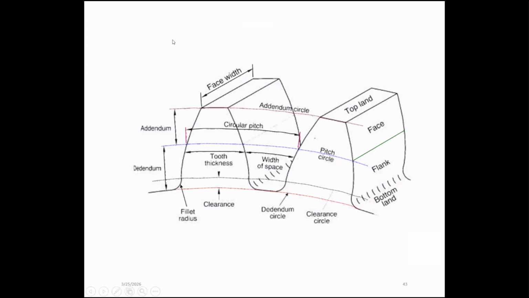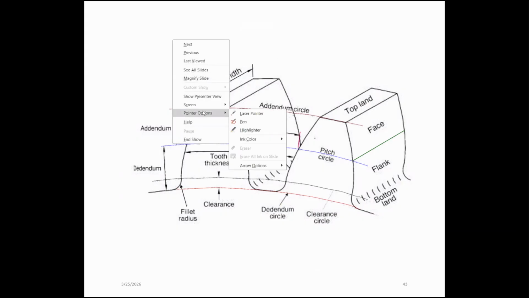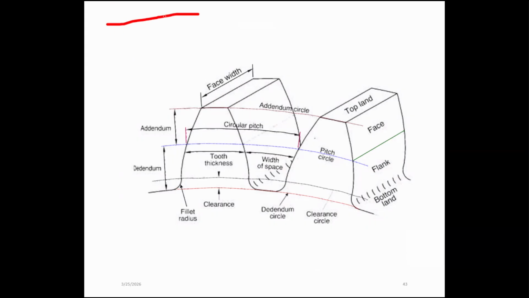Do you remember cantilevered beams? In year 1 semester 2 I explained cantilevered beams. All right. So then we can apply some loads. So in gear calculations, we assume that these teeth are cantilevered beams.